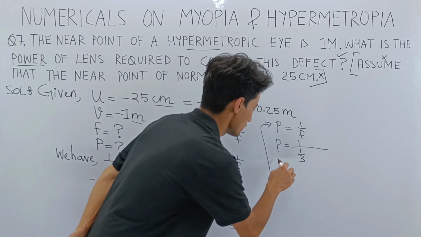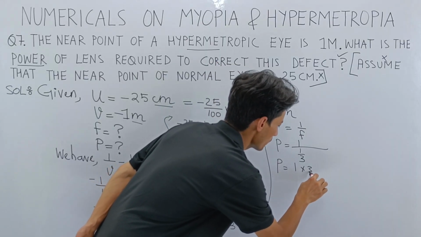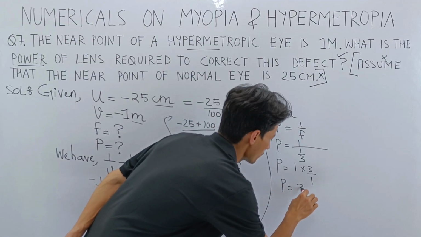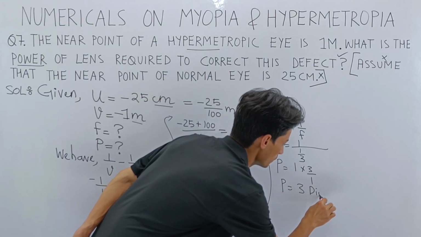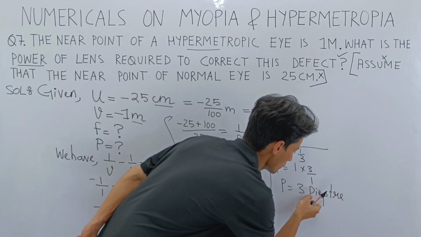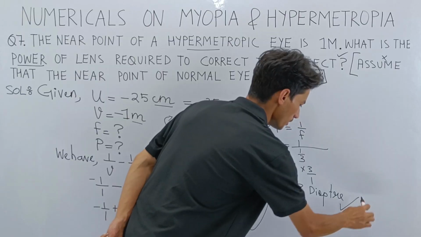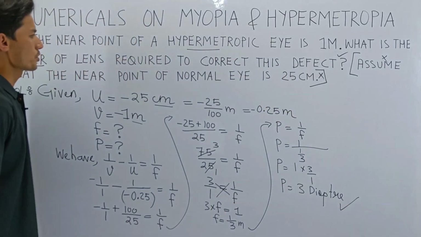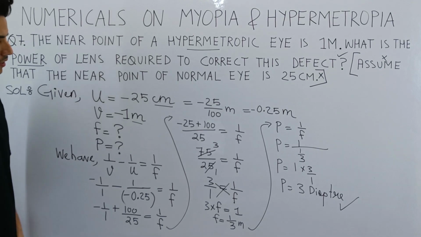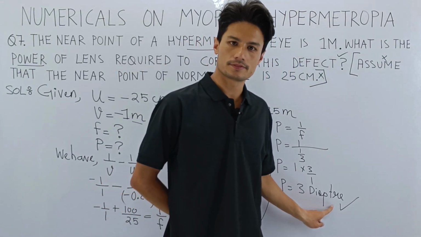So it will be arranged as 1 into 3 by 1. Power is equal to 3 diopters. This is the answer for this question. The power of the lens required to correct this defect is 3 diopter.